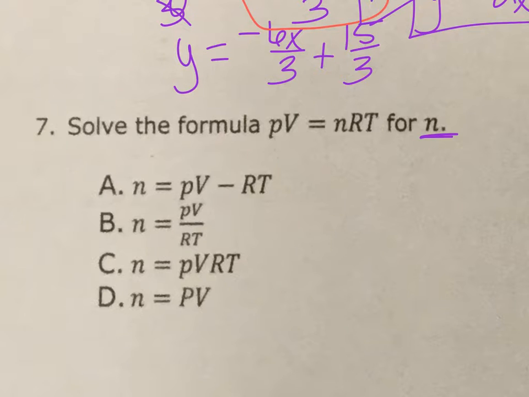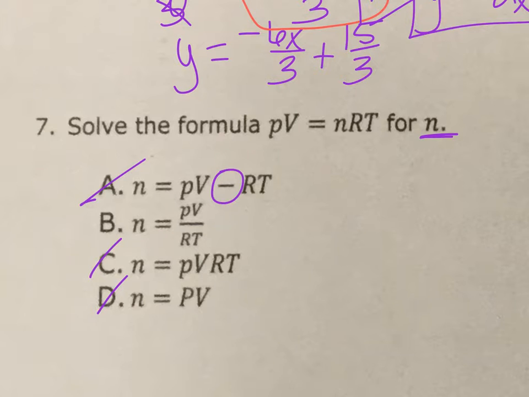The only way to undo multiplication is with division. So we're not going to have any addition or subtraction here in our answer because there's no addition in our equation to start with. So that's definitely out. Okay. Everything's multiplied, so we undo things by division, not multiplication, which really then eliminates those two.